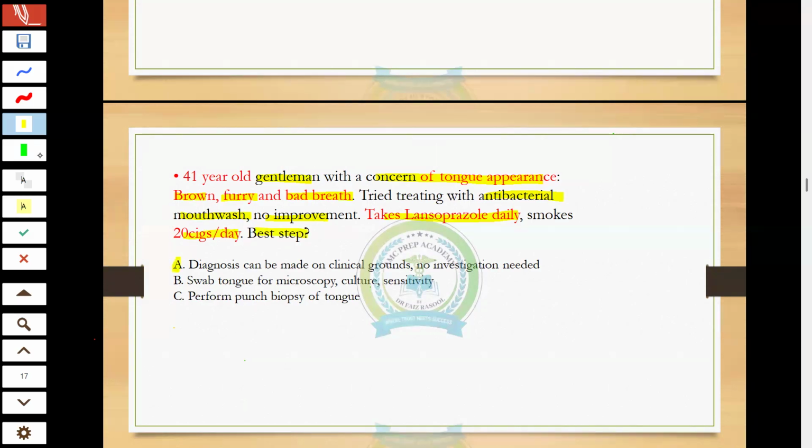Option A, diagnosis can be made on clinical grounds, no investigation needed. Option B, swab tongue for microscopic culture and sensitivity. Option C, perform punch biopsy of the tongue.